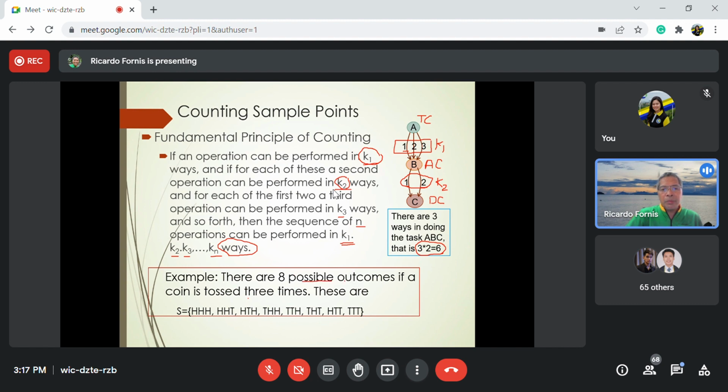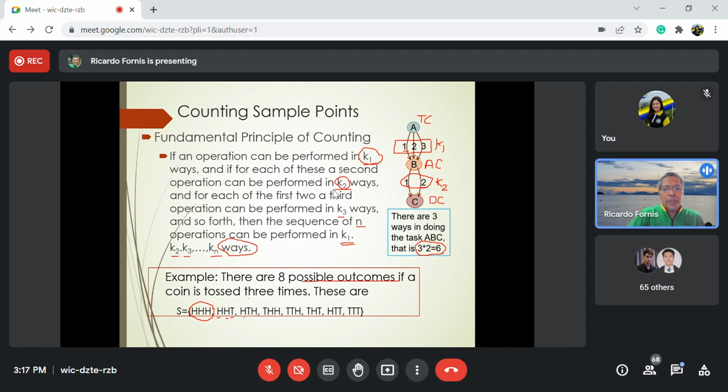So, possible outcomes. Now, let me list them. The first toss will give a head. The second also head, and the third one is head. This is one possible outcome of tossing a coin 3 times. It is also possible to have head followed by head, and the last toss is tail.